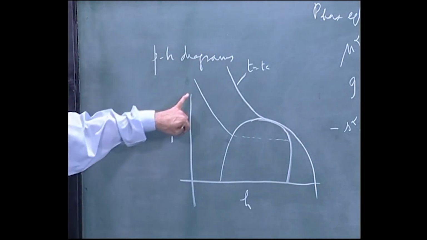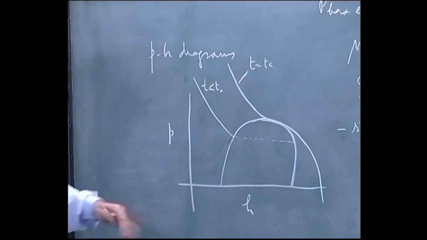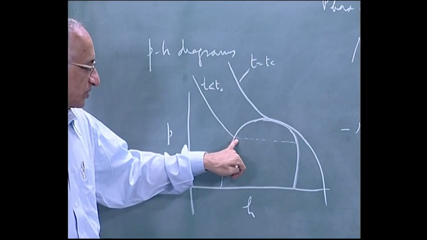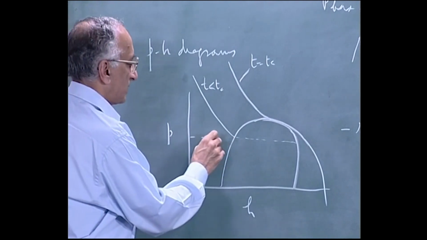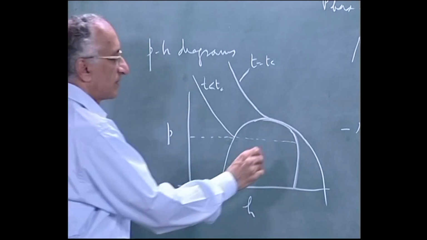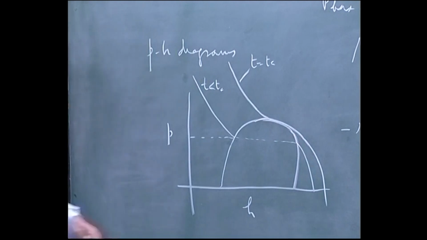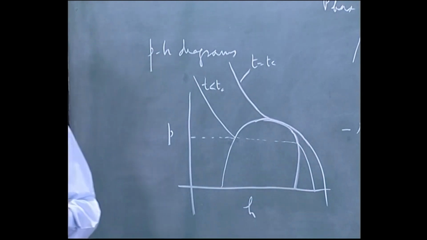So, below Tc you take any isotherm, if you keep lowering the pressure and move along the isotherm you reach a pressure at which two phases form. Then here if you decrease the pressure further you have the gas phase here, the vapor phase here.